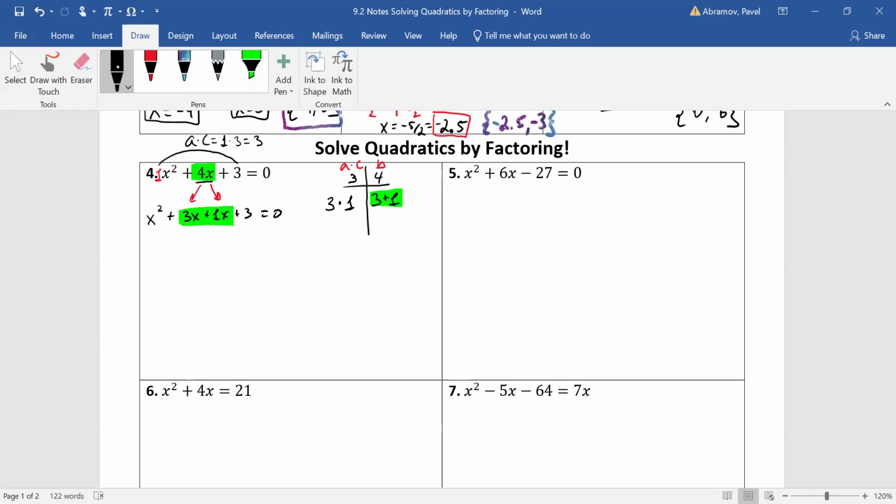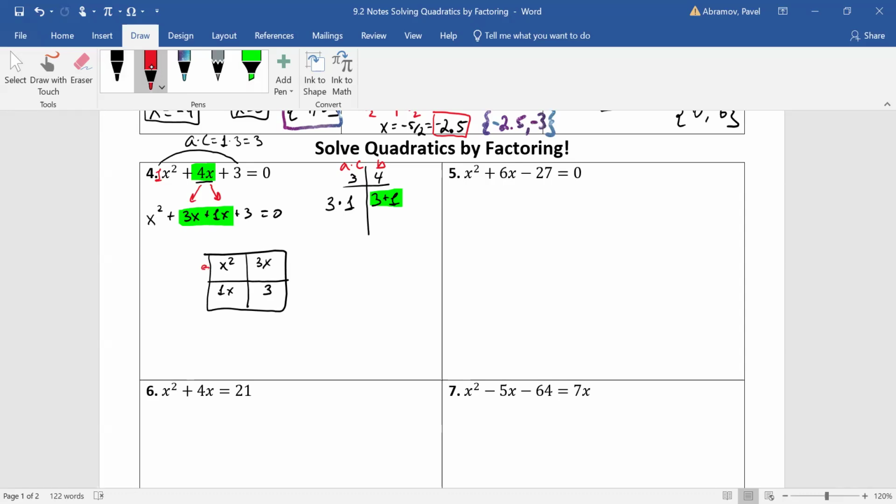And then we factor by either grouping or by using boxes, and I'm pretty sure most of you use boxes, so that's what I'm going to do here. So we'll write out all of our terms inside of the boxes. So we'll have x squared, then 3x, then 1x, then 3, and now start factoring out common factors.